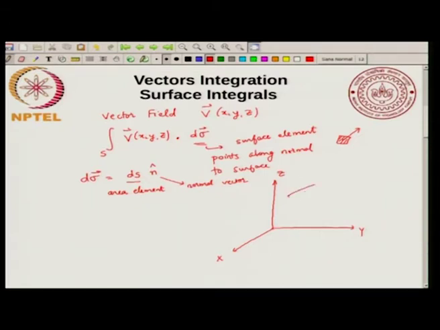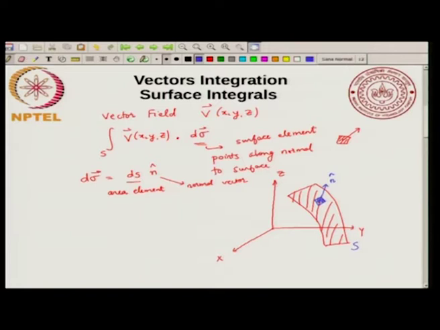Now, suppose you want to integrate this vector field over this surface, denoted by S. What I imagine is taking some small element of the surface, and for this small element there will be a normal vector n hat that points normal to this surface.